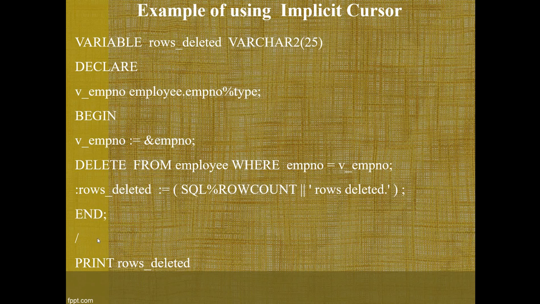After that, if we want to see the result, we have to use PRINT rows_deleted, so we can know how many rows have been deleted by using the SQL%ROWCOUNT attribute. This is an example of how to use the implicit cursor.